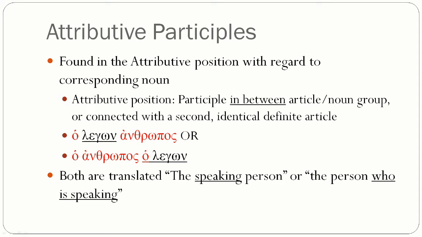That legon is the participle form of lego, I speak. And therefore, when we are attributing something, you're telling us the person, well, which person? It's the speaking person, or the person who is speaking.